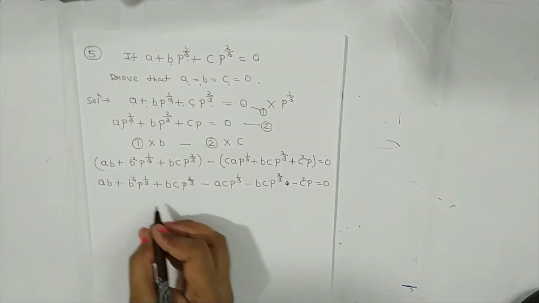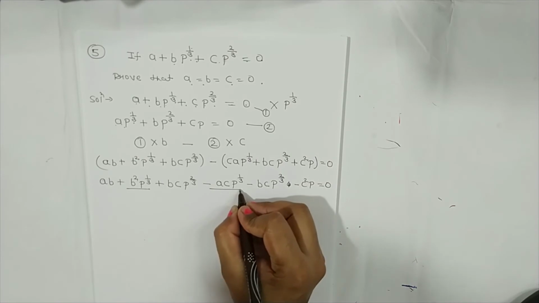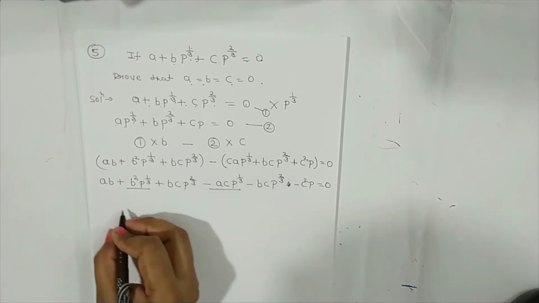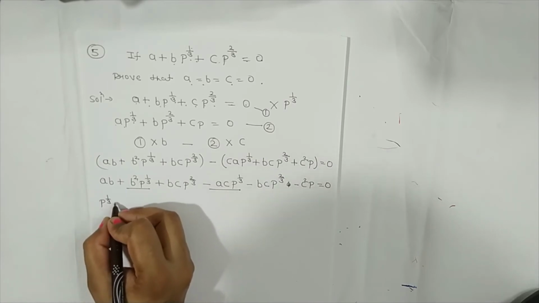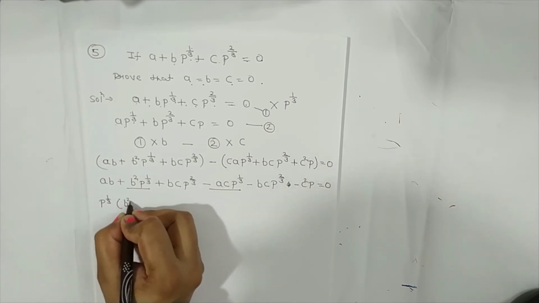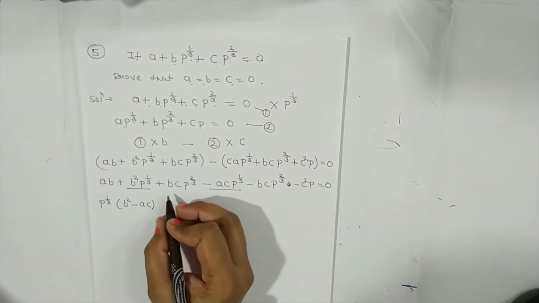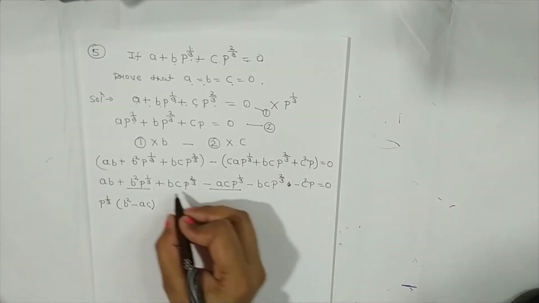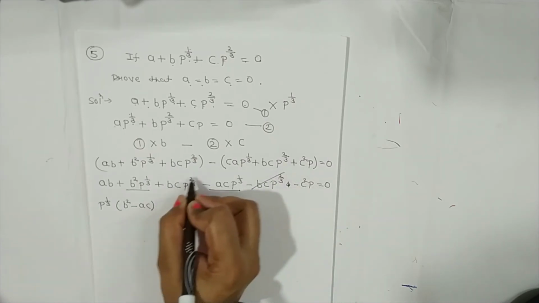Then p to the power 1 by 3 is common, so remaining is b square minus ac, then bc p to the power 2 by 3 will be cancelled.